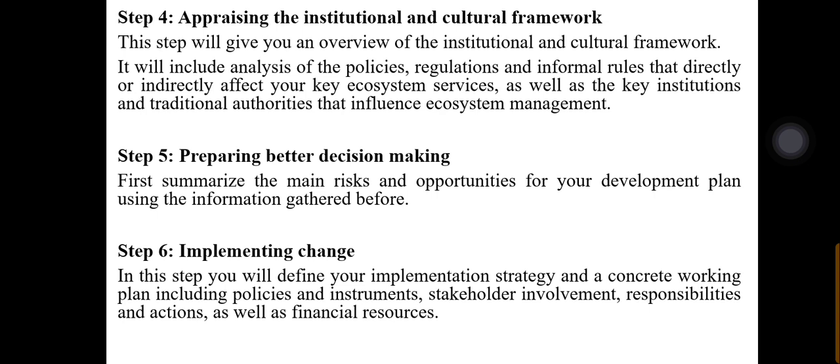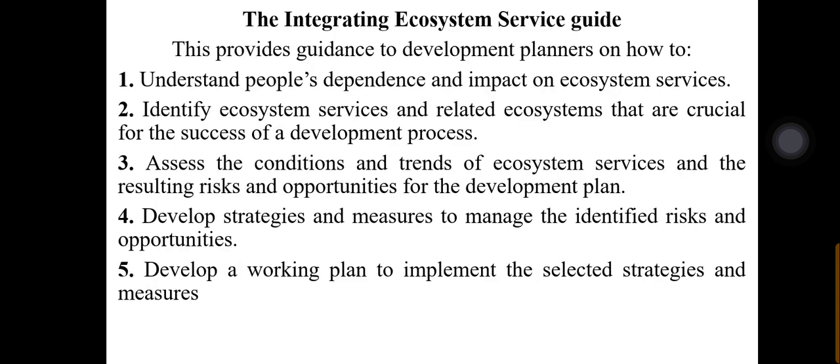Then talk about integrating the ecosystem service guide. So this provides guidance to the development planners on how to, one, understand people's dependency and impact on ecosystem services. The second is to identify ecosystem services and related ecosystems that are crucial for the success of the development process.